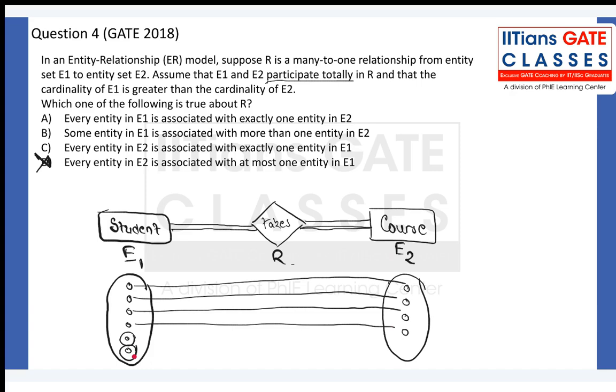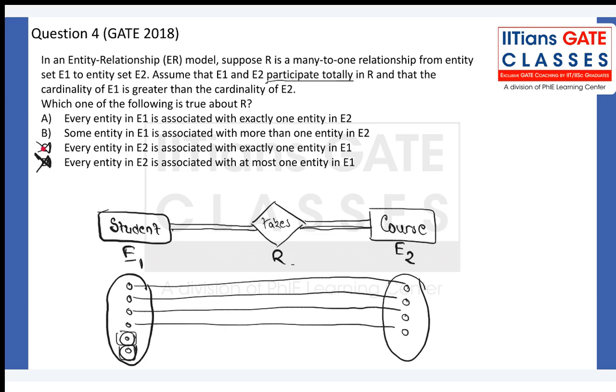It means every entity must be associated with something on the right, so they should be related somehow. Even though there is total participation from E2, because you can see all the entities in E2 associated with an entity in E1, from the E1 side that is not true because there are some entities which are not associated with an entity in E2. So option C is also incorrect.